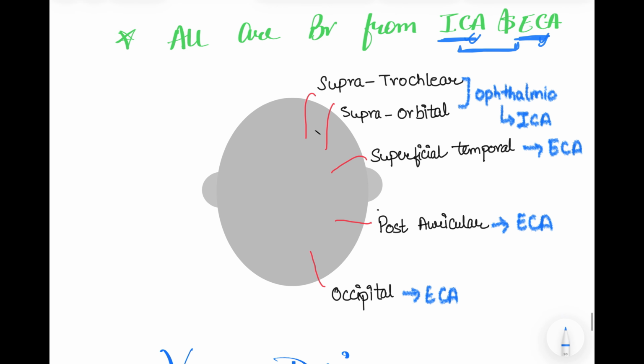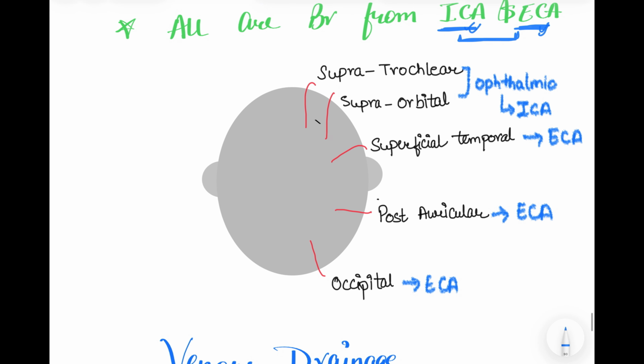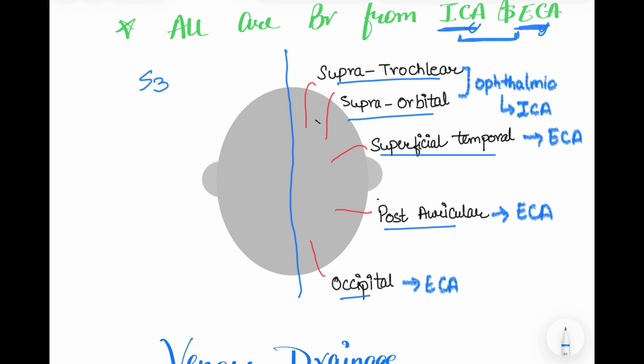So we'll talk of the arteries over here. In the front, I have supratrochlear, supraorbital and superficial temporal. So I have 3 S over here. And behind the ear I have 2, that is posterior auricular and occipital. So PO, or OP, I can say, behind my auricle.